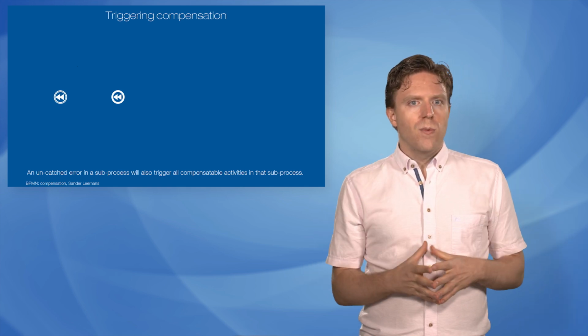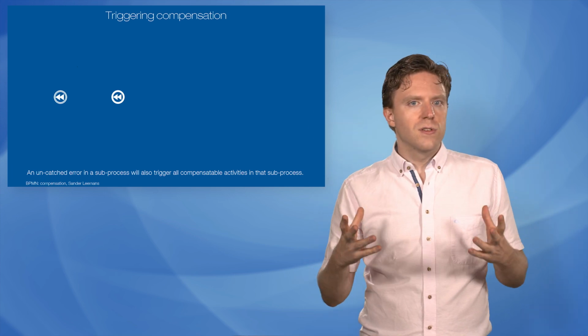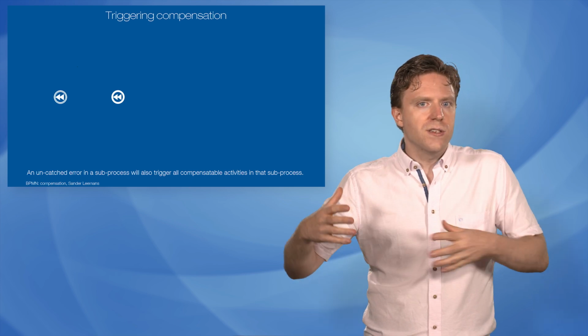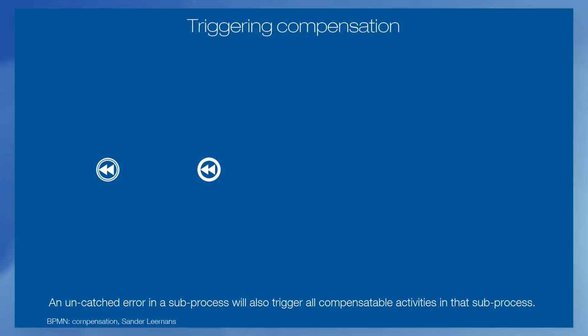Now, you might want to have different activities doing different compensations and trigger them in different ways and at different times or in different circumstances. That is possible. You can give these labels. If there is no ambiguity and it's clear from the context which compensation event triggers which compensation catching, then that's fine. You don't have to use labels.